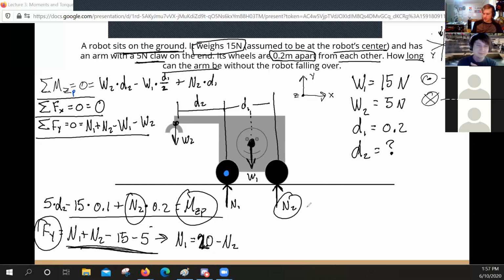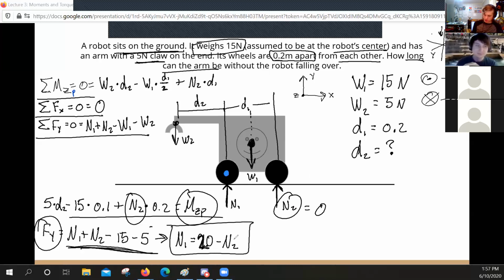We can say that N2 is 0 because this wheel no longer has any force on it because it's about to tip over. Which does make the problem solvable. I didn't think I made this problem wrong, but I started to question myself there.